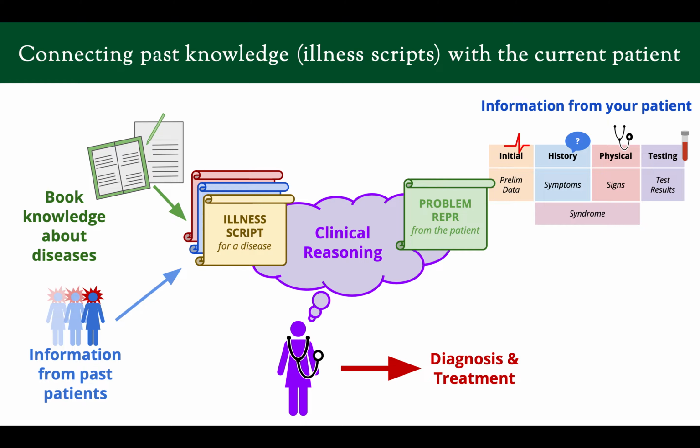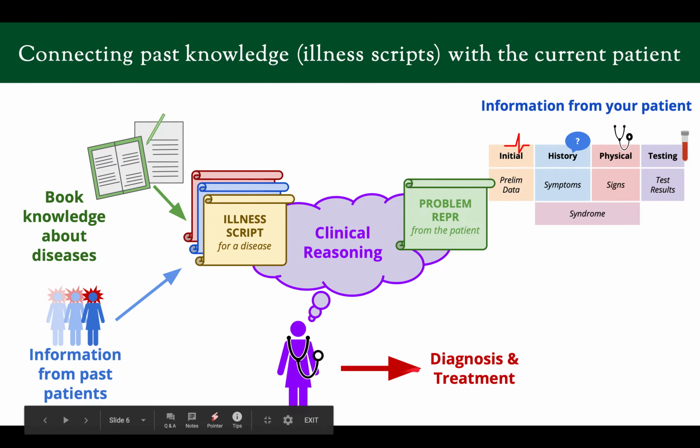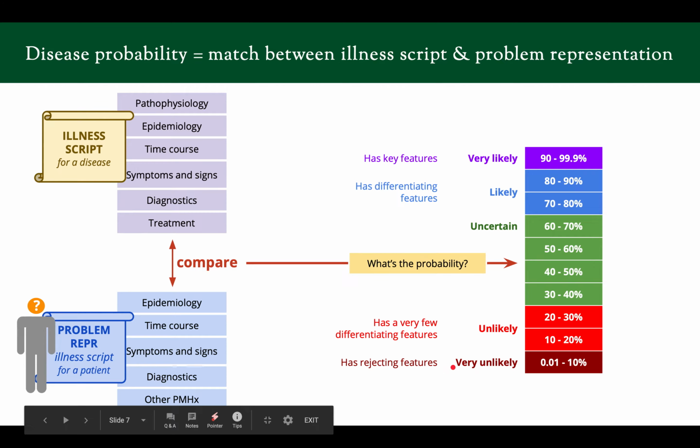And you could smell somebody in DKA because you're going to have all that history with you. But you also need to know all the book knowledge about it as well. You combine that and you compare that with the problem representation from the patient, right? And that includes all of the data that we get from them, right? And usually the history and the physical. And then we combine those two things together and we get diagnosis and treatment, right?